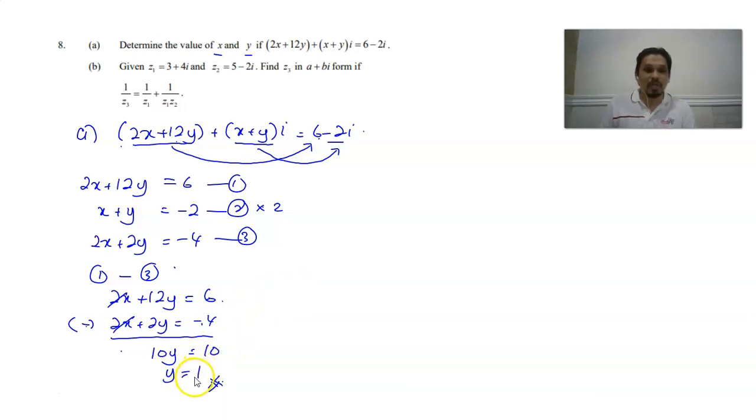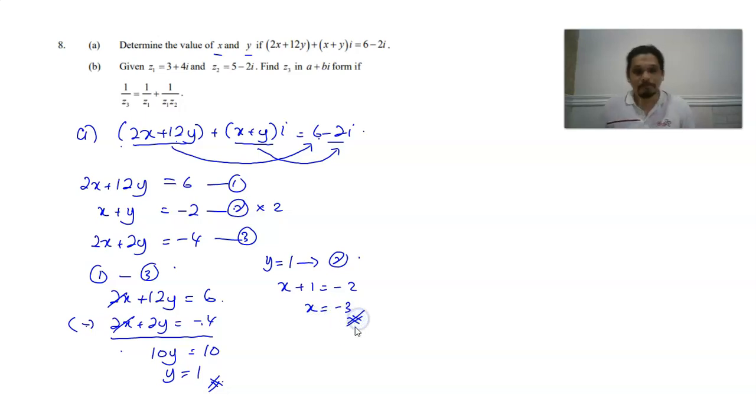So substitute y into equation 3 or equation 2 or equation 1, it's all up to you. So we substitute y equals 1 into equation 2. So then x plus 1 equals negative 2, then x equals negative 3.